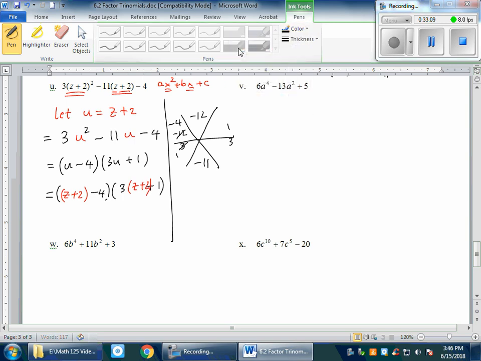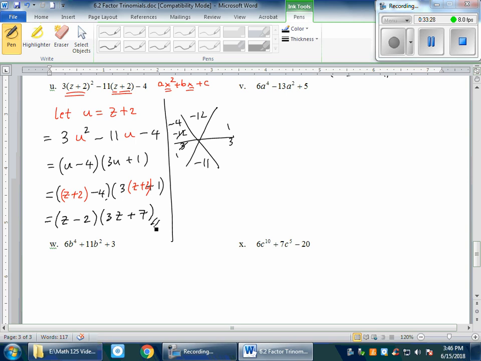So now when we simplify it, taking out the parenthesis, it will be 2 minus 4 will be negative 2. Distributing 3 will become 3z. 3 times 2 is 6, plus 1 will be 7, and that will be my final answer.